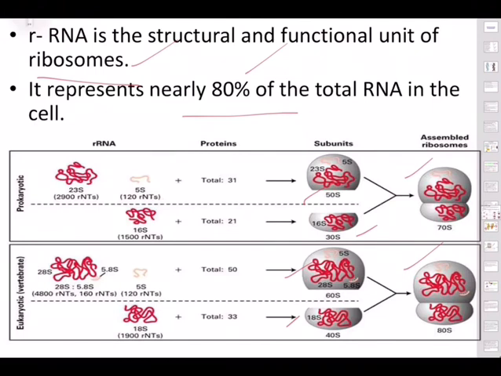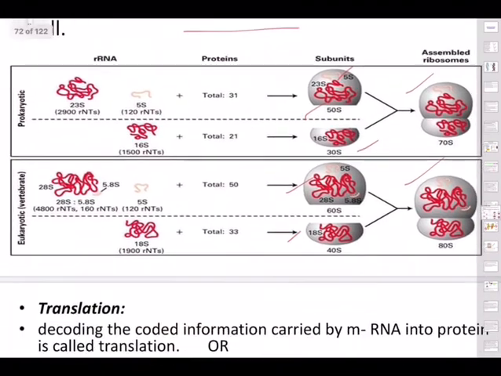So in ribosomal RNA there will be 2 subunits, just like any ribosome has. This ribosomal RNA is present here, as you are seeing. Basically, rRNA results in the formation of proteins. The proteins will be formed only with the involvement of ribosomal RNA.